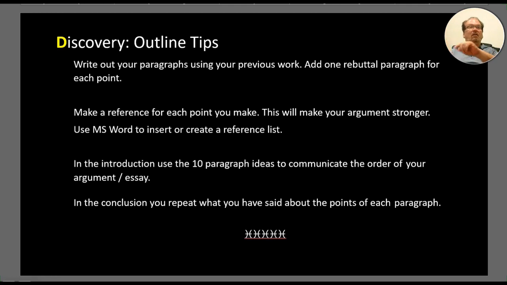So everybody writes a rebuttal to the person's paragraph in the beginning. So you work on those 15 paragraphs. Very simple. Everybody writes 3 paragraphs. You choose which ones you're going to do. 1, 2, 3 is one person. 4, 5, 6, one person. Okay? And they write 3 paragraphs.